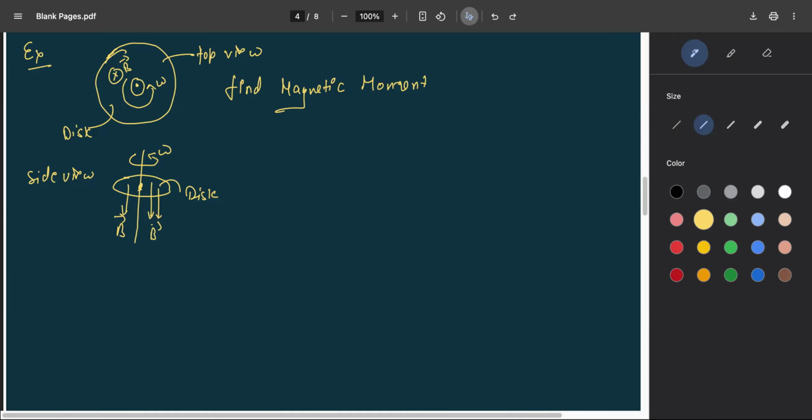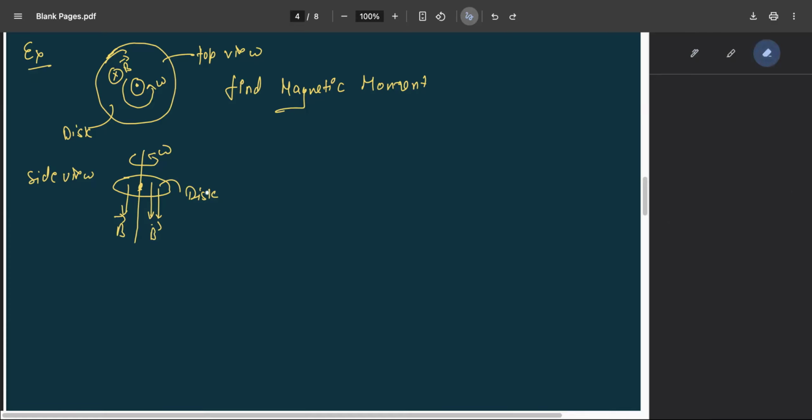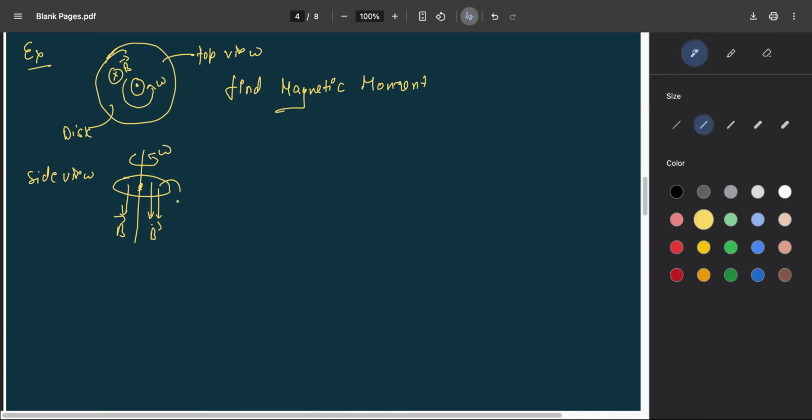I can make this problem easier for you. Let's say instead of calling this a disk, I'm calling it a ring, because a ring only contains mass at the outside. Now can you solve this problem? Can you calculate the value of the magnetic moment?